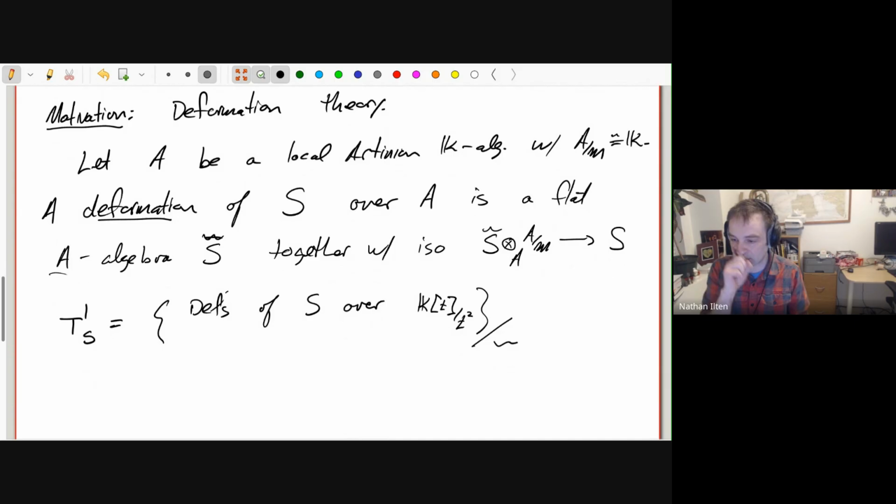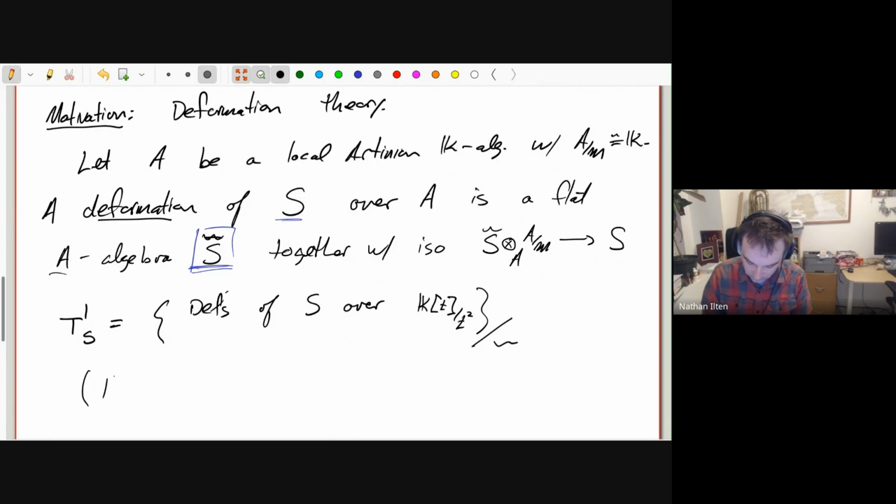Okay, and a comment here is in order. Everything in my talk is going to be commutative, or at least graded commutative. And so this A algebra that I'm thinking about, S tilde, I want that to be a commutative A algebra. So here we're looking at commutative deformations of this K algebra S. If you included non-commutative deformations, then you'd be getting exactly the second Hochschild cohomology.